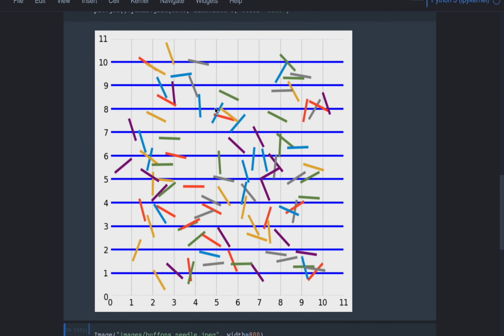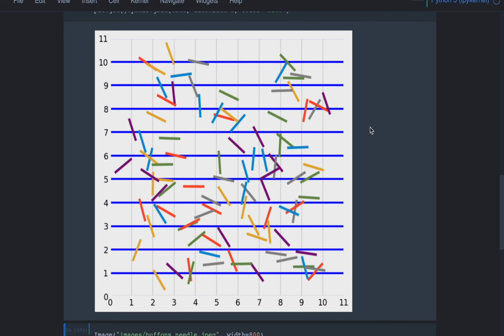Now when we drop these needles, they fall over this plane. Some of them intersect with these blue lines, like this one, this one, this one, and some of them don't, like this one and this one.